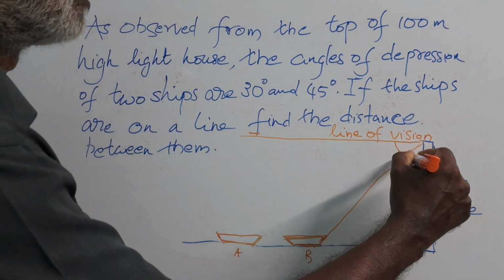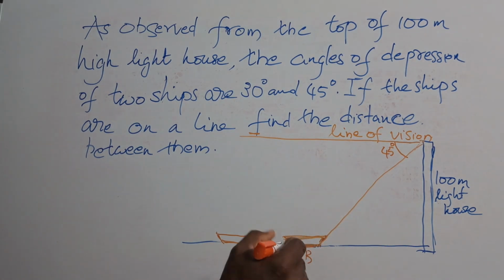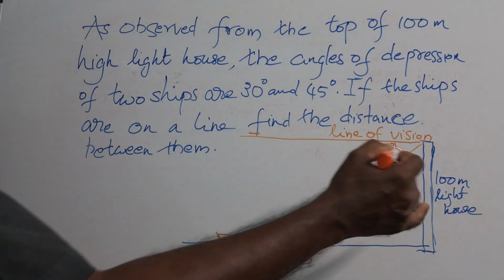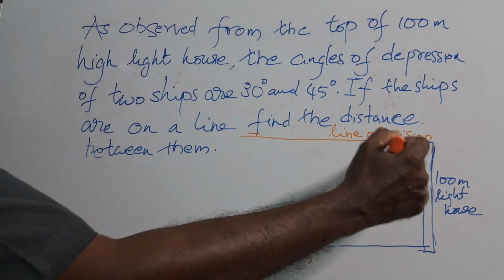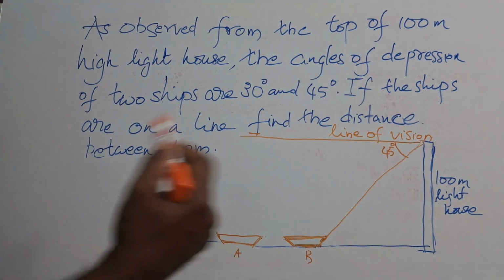This is 45 degrees because this ship is nearer to the lighthouse. The nearer it is, the higher the angle of depression or angle of elevation will be.